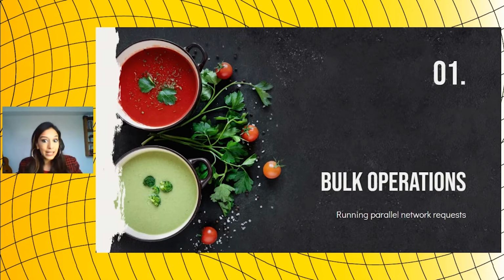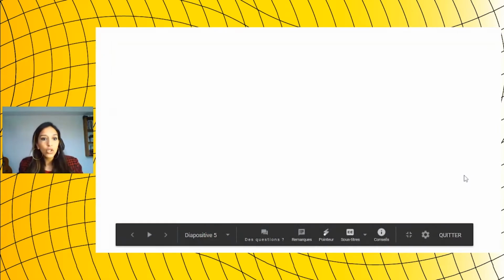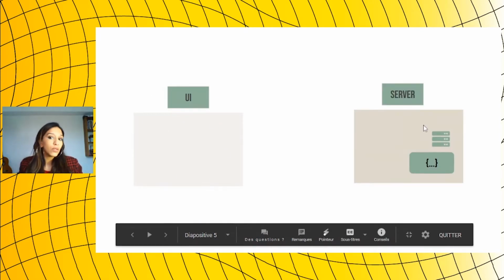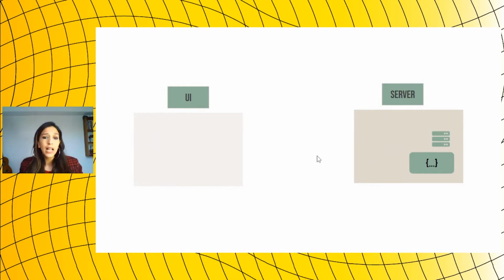My case here is a full stack one: you have a RESTful backend and an Angular frontend, and in some cases you need to perform bulk operations. So here you have your UI made with Angular and a RESTful server, and I have some APIs that I'm going to request from my UI.